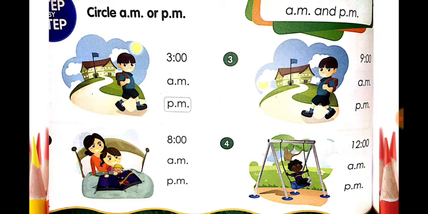So it's 3 a.m. or p.m.? Yes, it's 3 p.m. Here, Mommy and Lucy were reading a story before going to sleep. So what is the time here? It's 8 a.m. or p.m.? Excellent, it's 8 p.m.